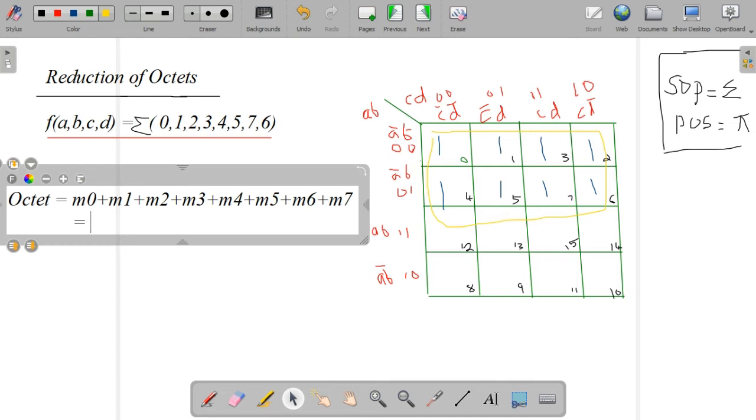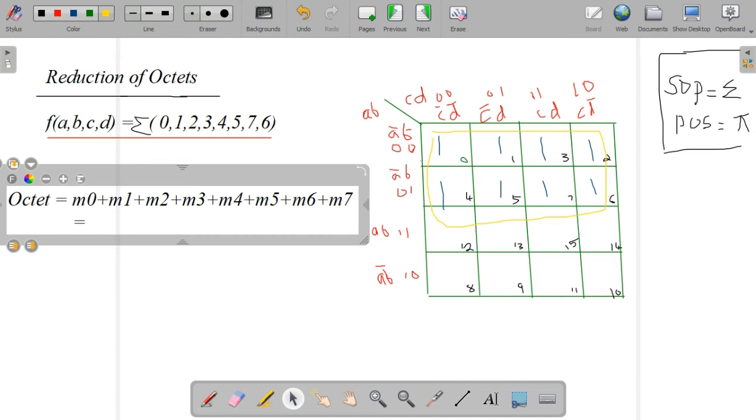In an easy way, you know that octet reduction means we have to reduce 3 variables. So we can find any 3 variables that change state from complement to uncomplement form. So you can easily do like this.